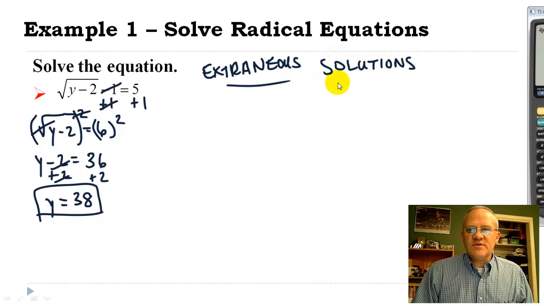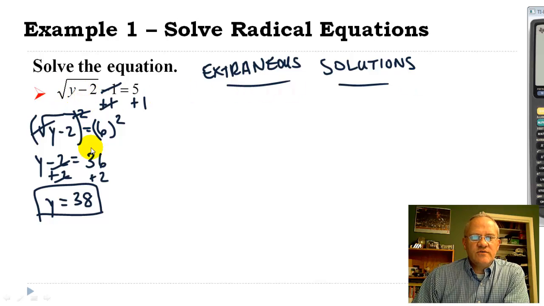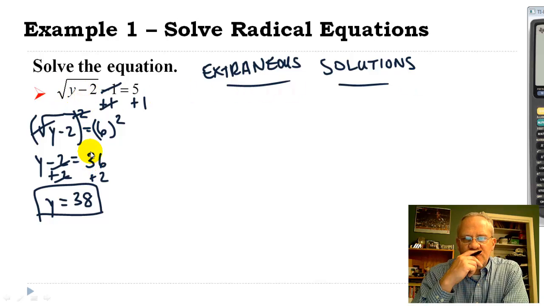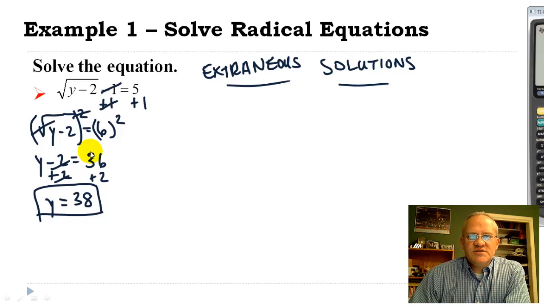So basically what that means is sometimes when we solve these equations, we can get an answer and it looks like it's a good answer the way we solved it, but it really doesn't work in the equation. So that might happen sometimes. So with the radical equations, what you need to do is take your answer and plug it back in to make sure that it's really a solution. So you need to check them.